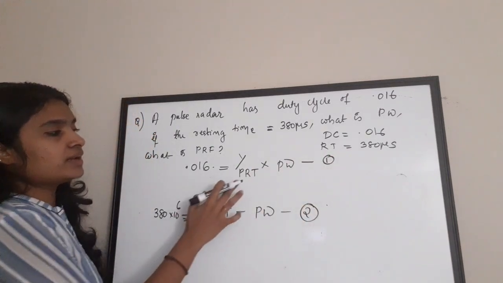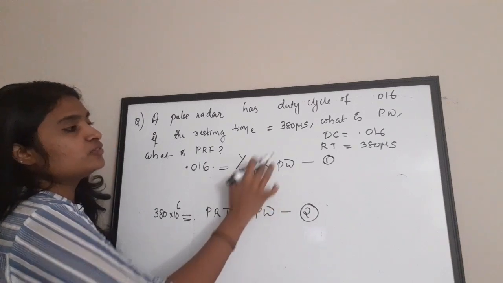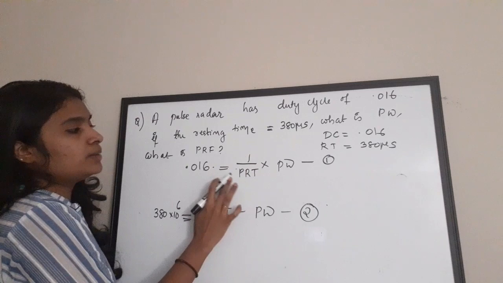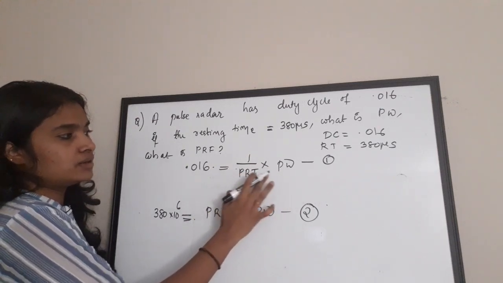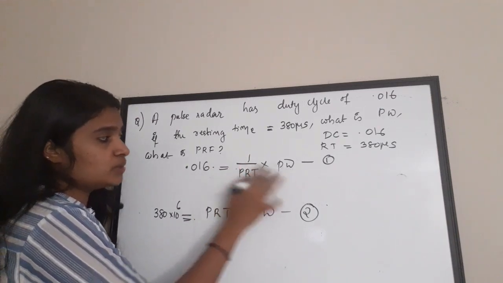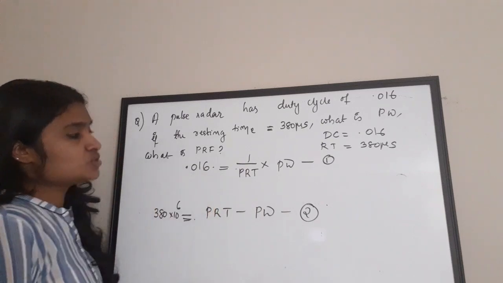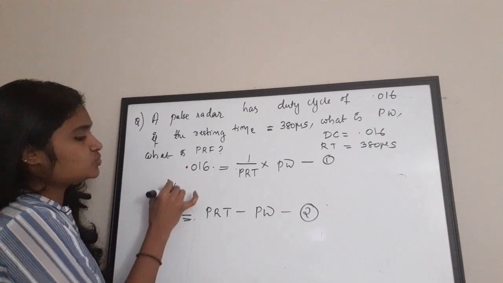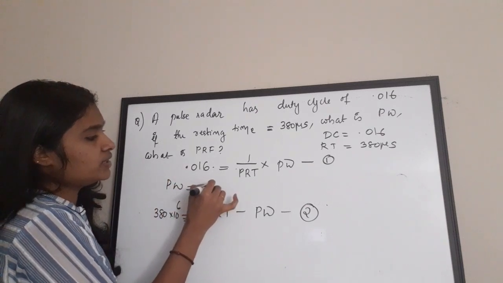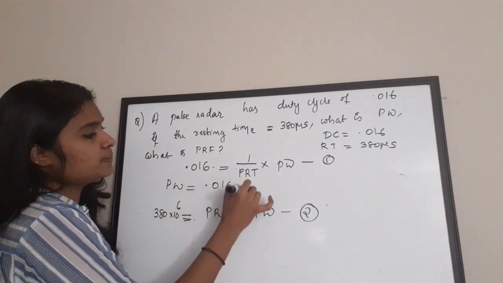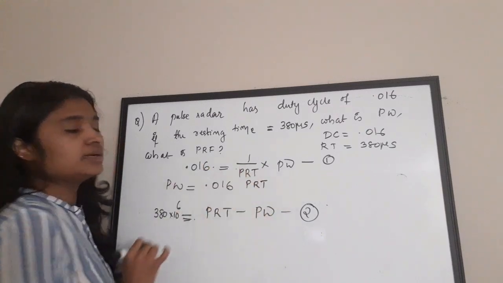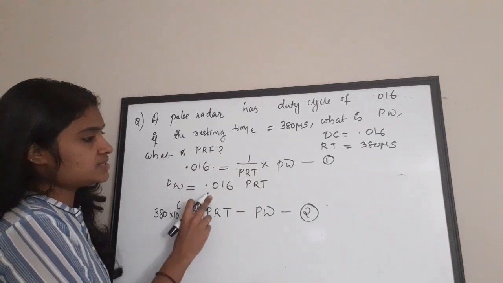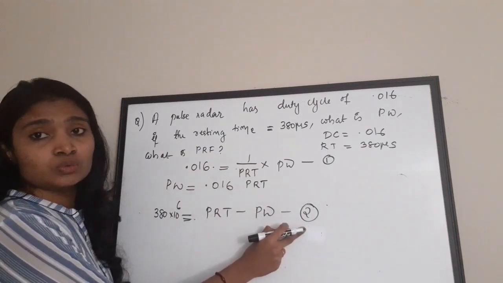So, how can we write pulse width from this equation? So 1 by PRT into PW is equal to 0.016. So from this equation number 1, we can write the pulse width is equal to 0.016 PRT, right?